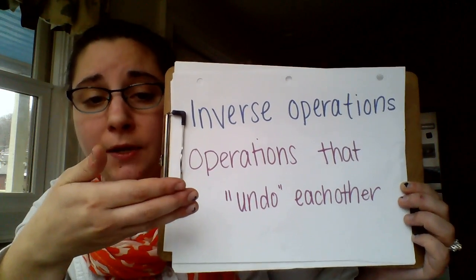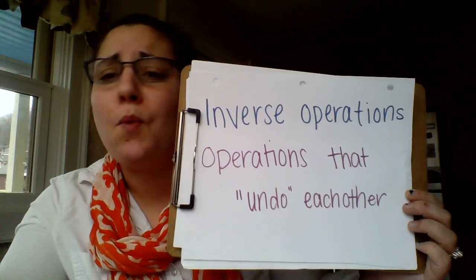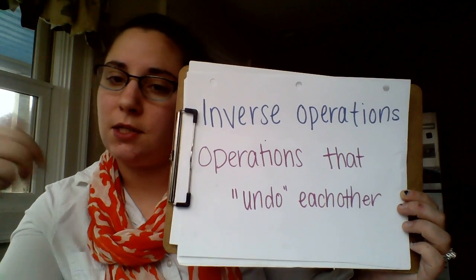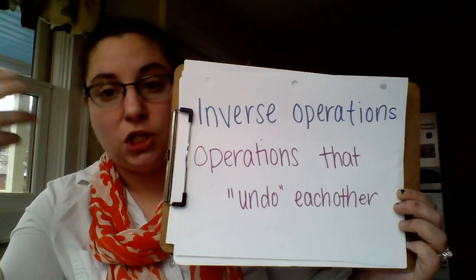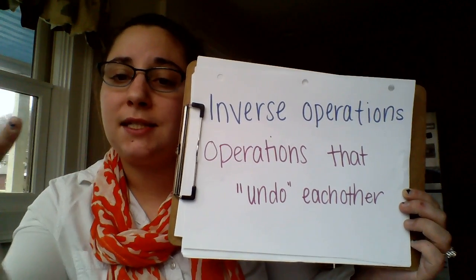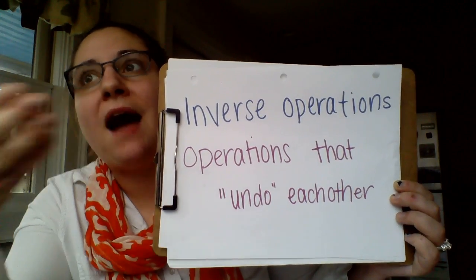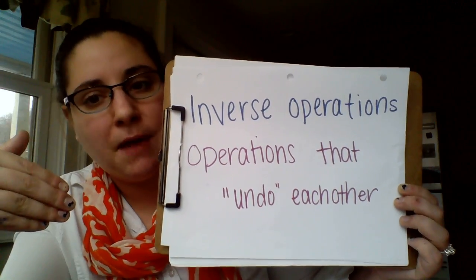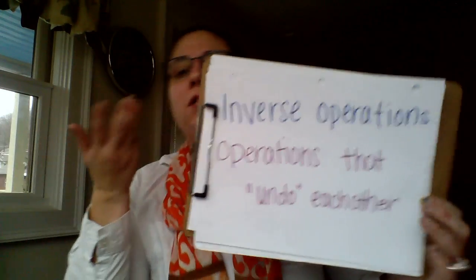So inverse operations are operations that undo each other. Ones that you already know are like addition and subtraction, multiplication and division. Those are things that when you have something that you're multiplying and you divide by, it gets rid of that coefficient. So logs and exponential expressions are the exact same thing. They just sound funny. No big deal.